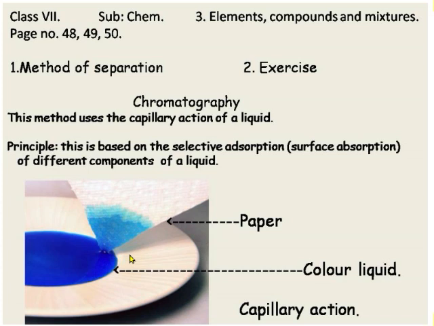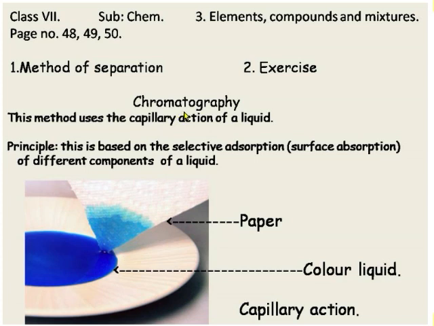Students, you also would have noticed when a small portion of paper or cloth touches water, that water spreads to the larger portion of the paper or cloth, isn't it? Similarly, here also, when a small portion of paper touches the colored liquid, that liquid spreads to a larger area or larger portion of the paper. This is called capillary action.